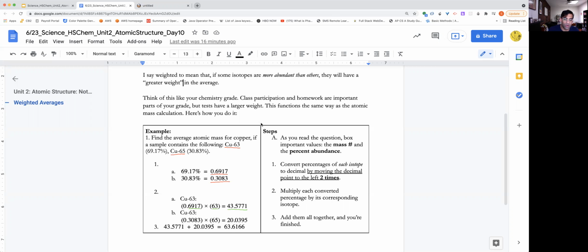And I'm going to do the same process with my copper 65 and my 30.83% that I've converted to a decimal. So I have 0.3083, and I multiply it by 65, and I got 20.0395. Oops, I see a little problem here. I wrote 63, I meant to write 60. Oops, that one's right. I meant to write 65 down here. There we go.